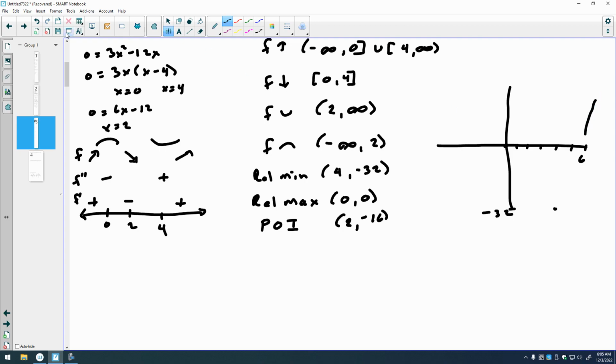Let's try that again. So it comes down, hits that point, and goes back down. It is just a sketch. Okay? Sorry, my pencil's not working well this morning. All right, there's question 1.